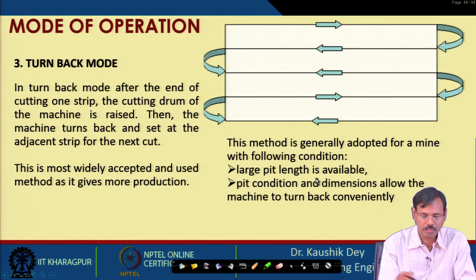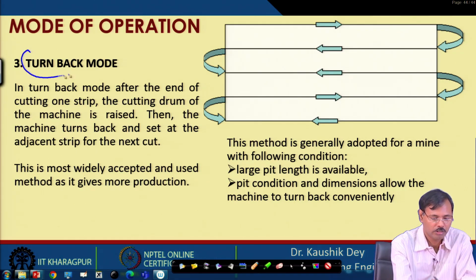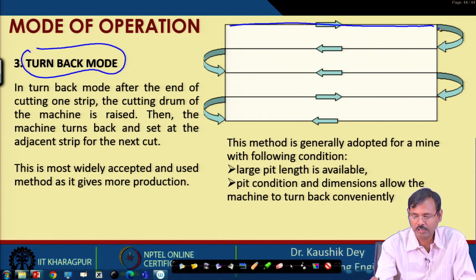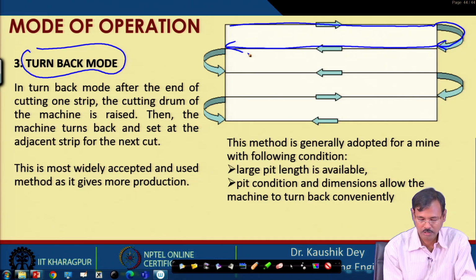The most popular method of operation is the turn back method. In the turn back method, the first slice is taken, then the machine turns back and takes the second slice. So, this is something like that. If you are considering the width, this is linearly shown, so this is the width of the machine.